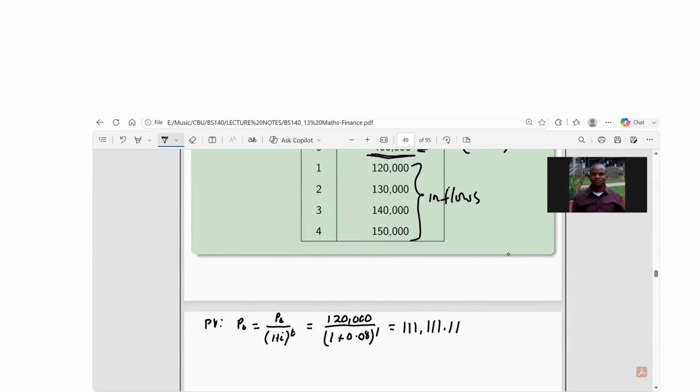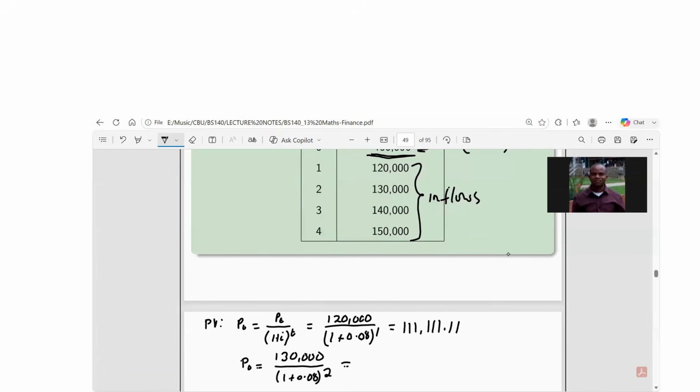Let's go to year number 2. P naught is equal to 130,000 divided by 1 plus 0.08, and T is 2. Here you can start by computing what is in the brackets in the denominator. On my calculator, 1 plus 0.08 gives 1.08.